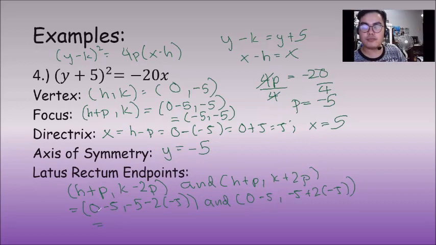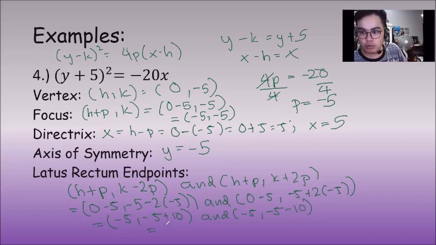Now we're going to simplify: 0 minus 5 is negative 5. Then negative 5 minus 2 times negative 5: 2 times negative 5 is negative 10, however negative 2 times negative 5 is plus 10. And 0 minus 5 is negative 5. Then 2 times negative 5 is negative 10.